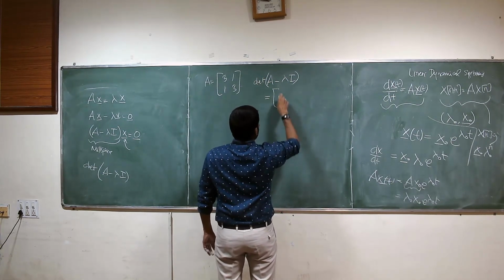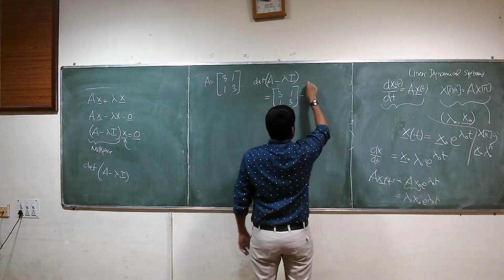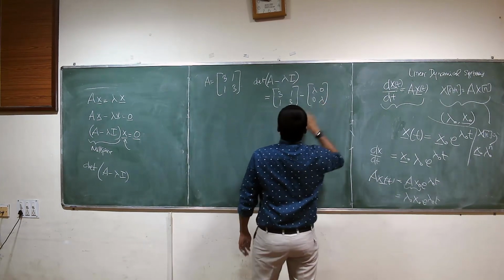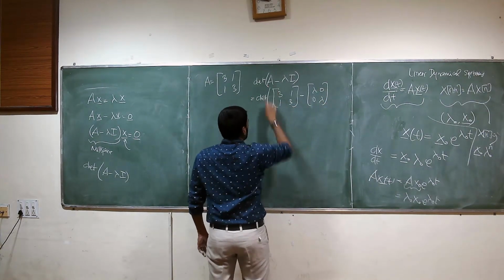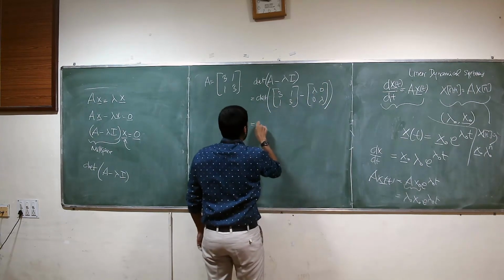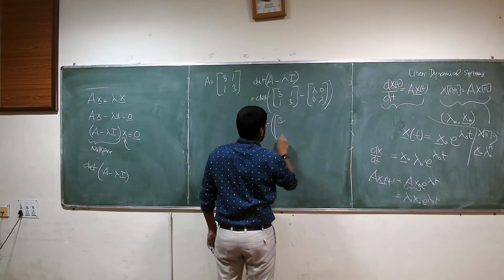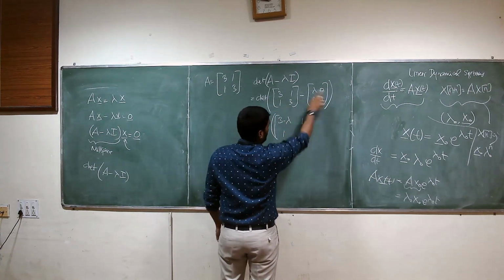That's simply 3, 1, 1, 3 minus lambda, 0, 0, lambda. We are interested in finding the determinant of this. So that means I'm interested in the determinant of 3 minus lambda, 1, 1, 3 minus lambda.